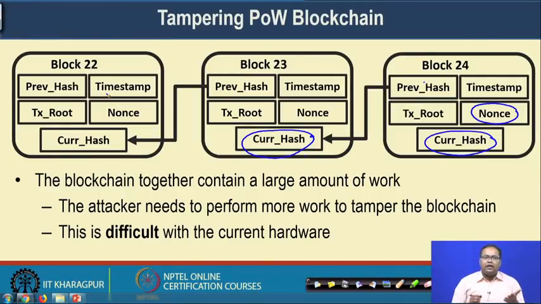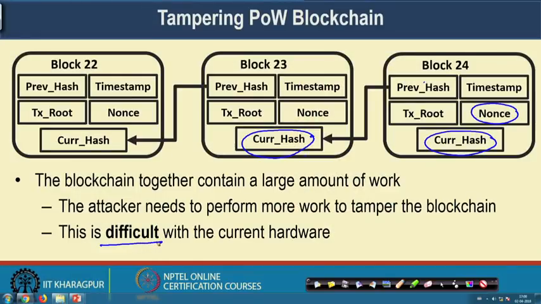Every block in the chain has been obtained by doing some work by individual miners, where the miners found the nonce value based on the difficulty level. So, the attacker has to do a collective work which is more than the total collective work of all the blocks in the current blockchain. That way, this is difficult with the current hardware.